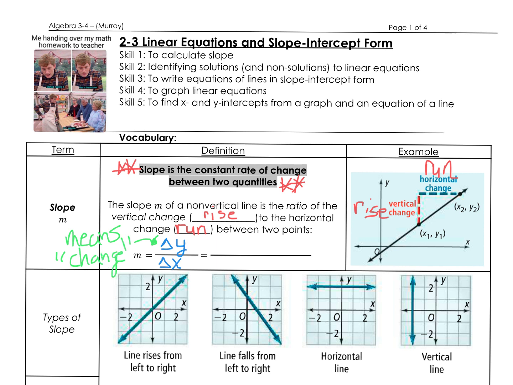Okay, and then there's a formula you must know. It's y sub 2 minus y sub 1. That is your change in y. We get that from taking the difference between these 2 y values in 2 coordinate pairs. And it is divided by x sub 2 minus x sub 1. Again, we get that by finding the difference between these x values.